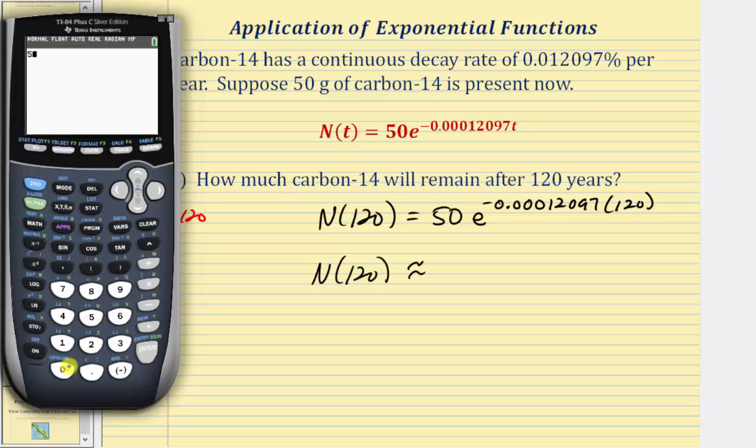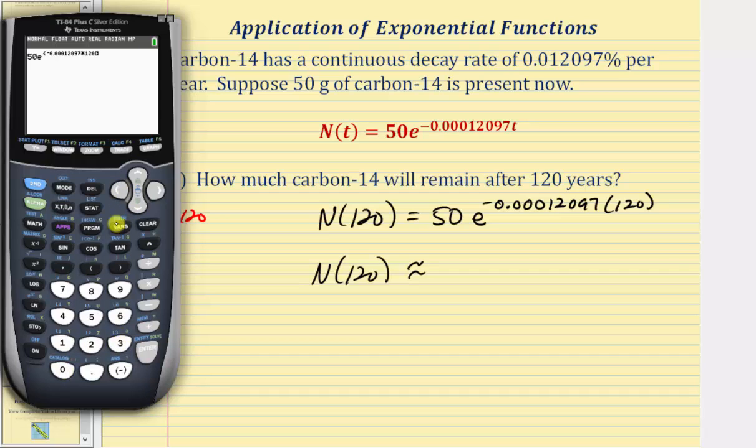So we have 50, and then for e, we can press second natural log, which brings up e raised to the power of. Let's go ahead and put this exponent in parentheses. So open parenthesis, negative 0.00012097 times 120.